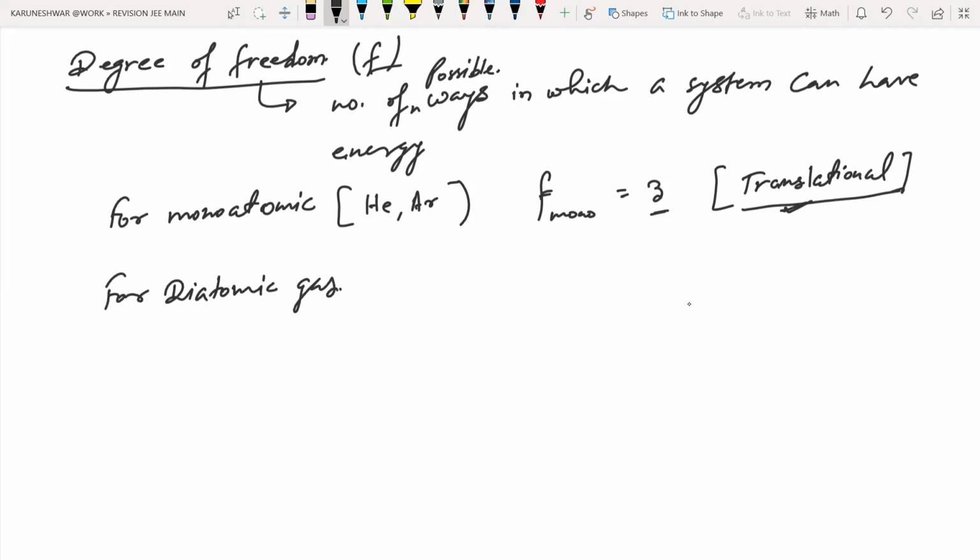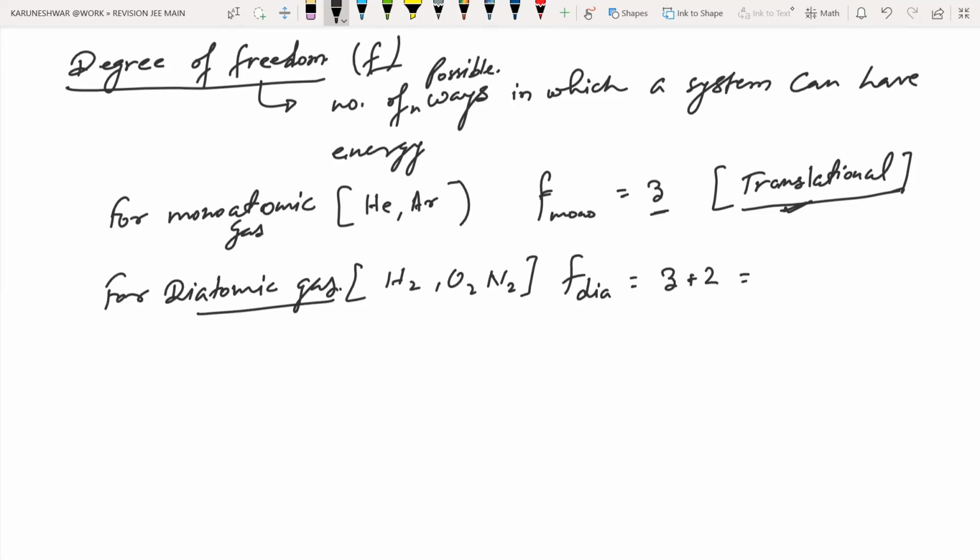for diatomic gases, the kind of gas is H2, O2, N2. These kinds of gases will be diatomic gas. So for these gases, F diatomic will be 3 plus 2.